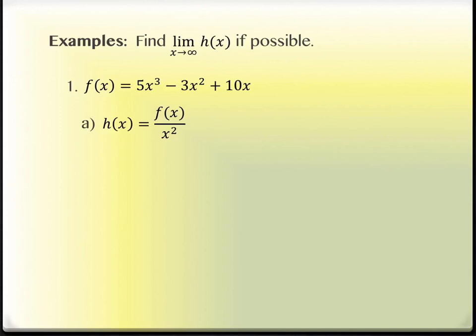It's a composite function. So how about we use the right tool. I have 5x cubed minus 3x squared plus 10x, and it's all over x squared. Is that part okay? Just a composite of functions so far.